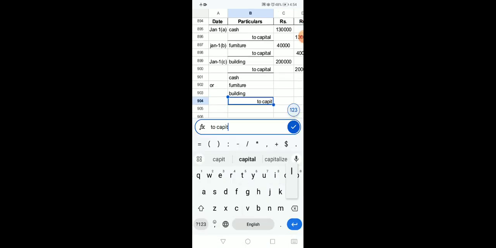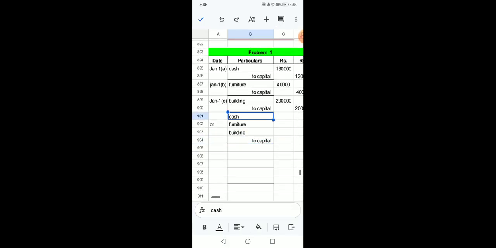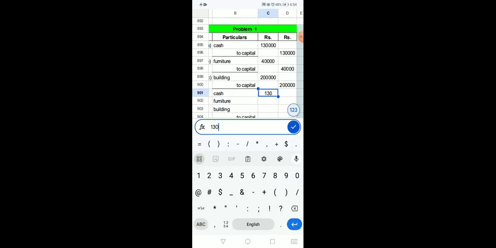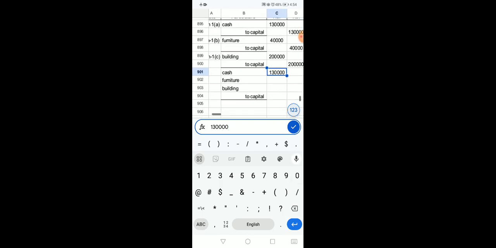So the second way to do this entry is like this. You may write a combined entry like this, or you may write separate entries. How would you put the amount: cash was 130,000, furniture was 40,000. I'm just looking at these entries and getting the amounts.